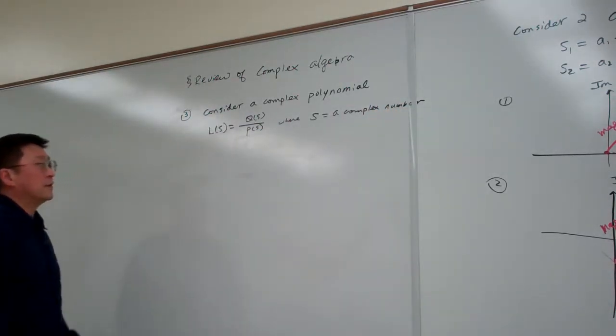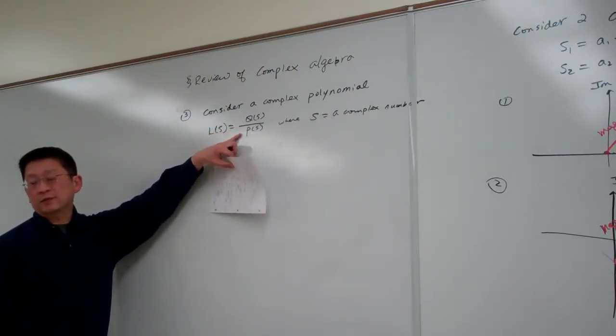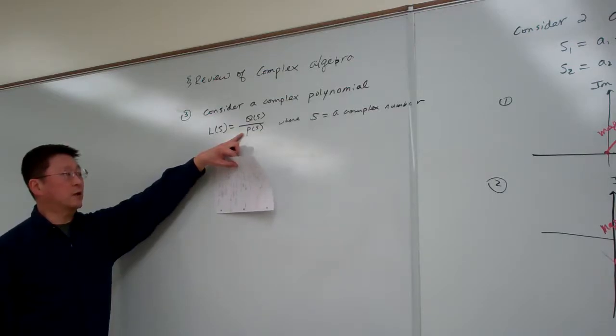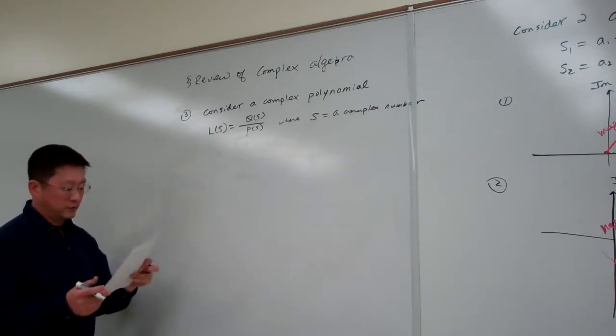So basically this is a polynomial of complex numbers, and this is another polynomial of complex numbers. So the whole thing can be calculated and is a complex number here.